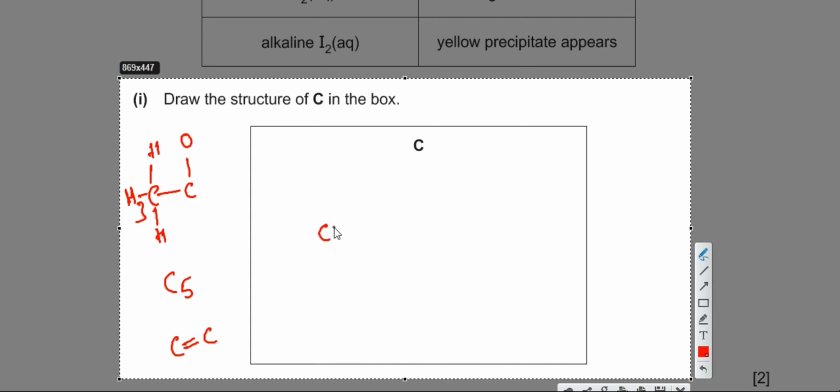So there is a CH3 group, and then the OH group is at carbon 2 due to the confirmation by aqueous alkaline iodine. Here is again H, and this carbon atom becomes a chiral carbon atom, showing optical isomerism, as 4 different groups are attached.